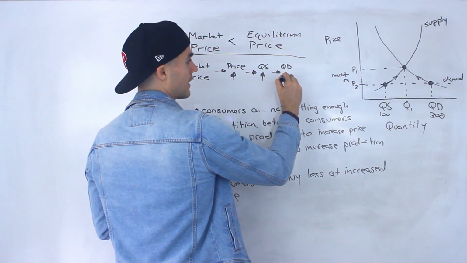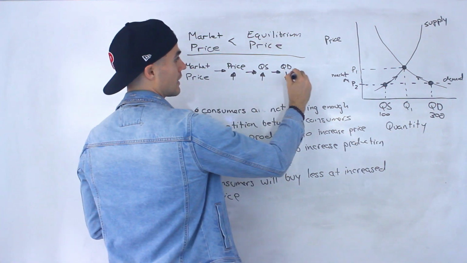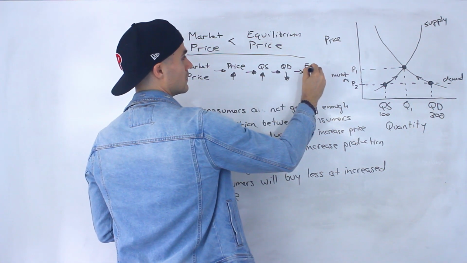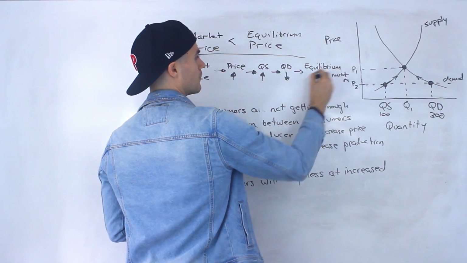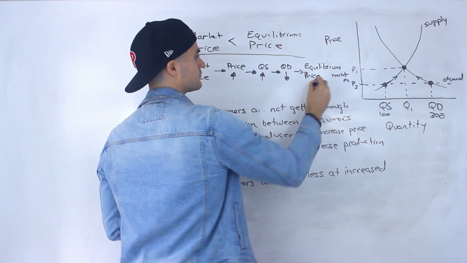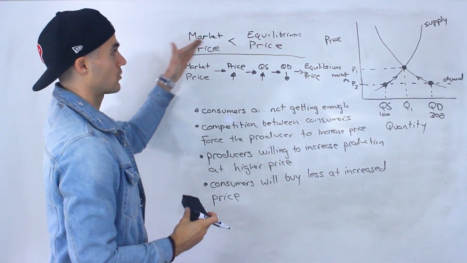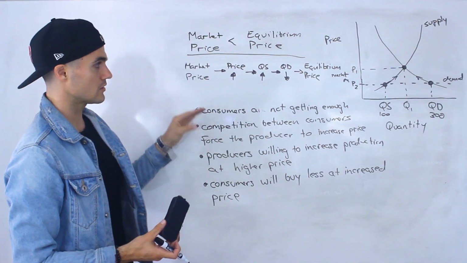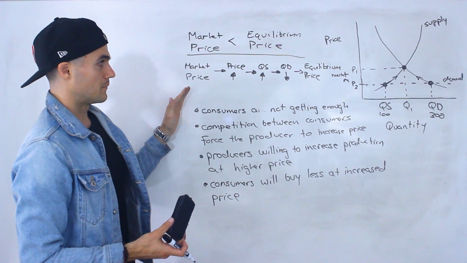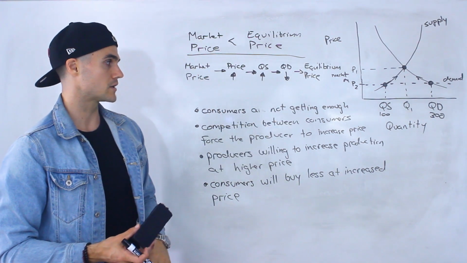So that quantity demanded is going to go down. And then eventually, we'll get to that equilibrium price. Right? So that's the series of events that happens when the market price is less than the equilibrium price. And again, with no restrictions, that's how you get from that market price to that equilibrium price.